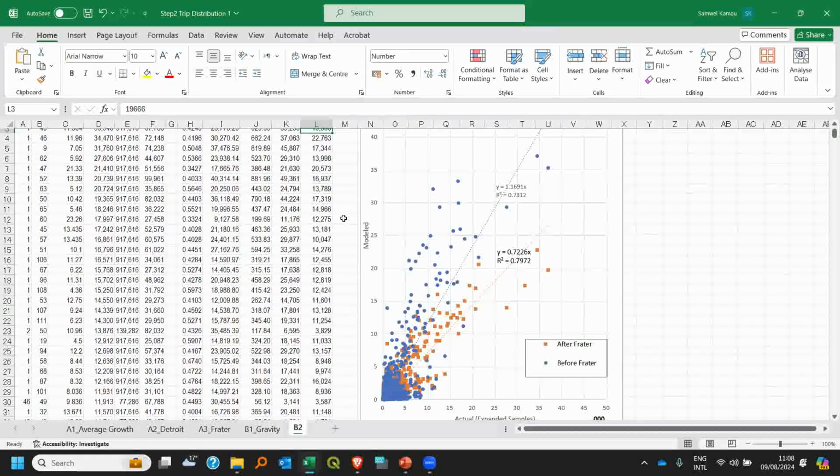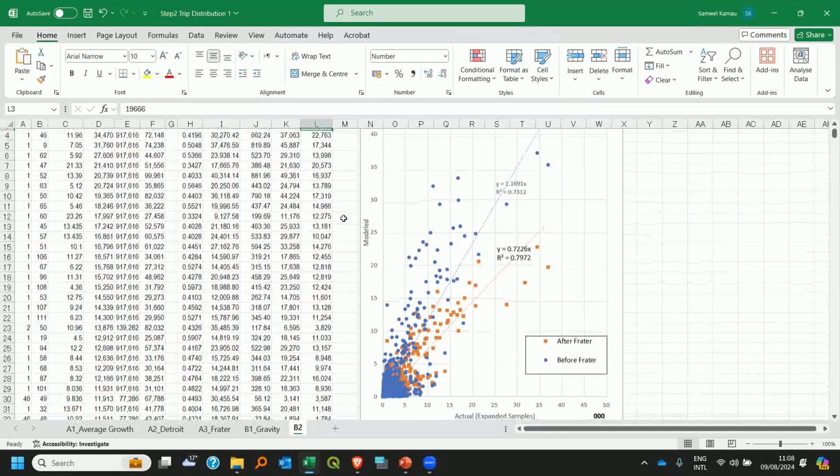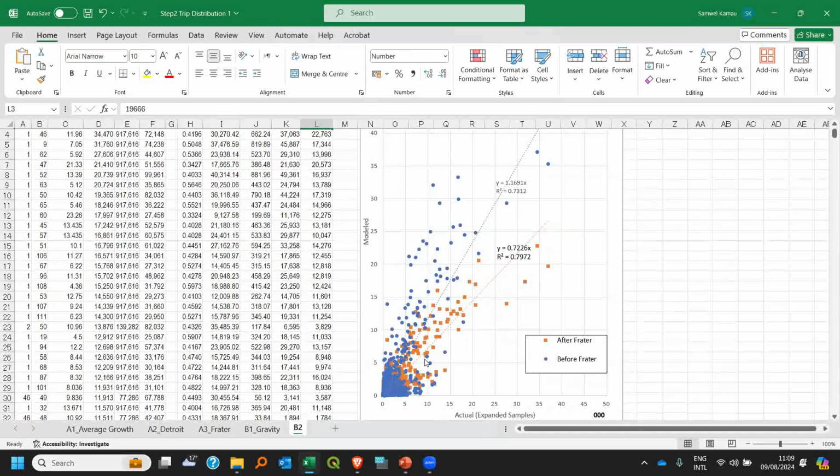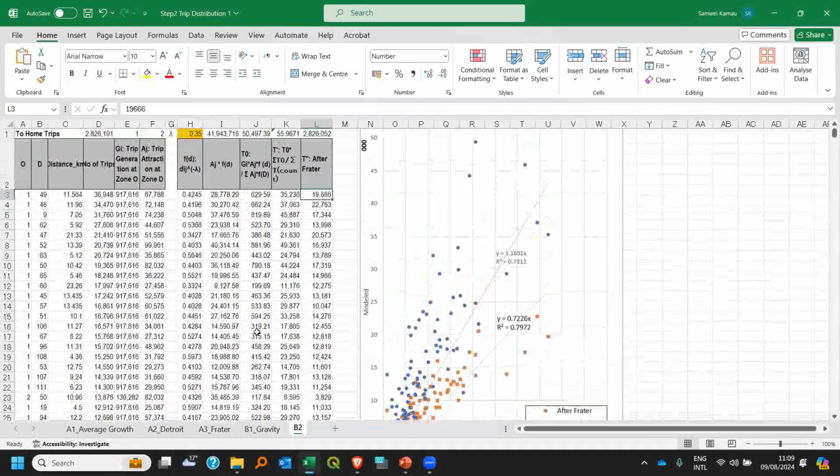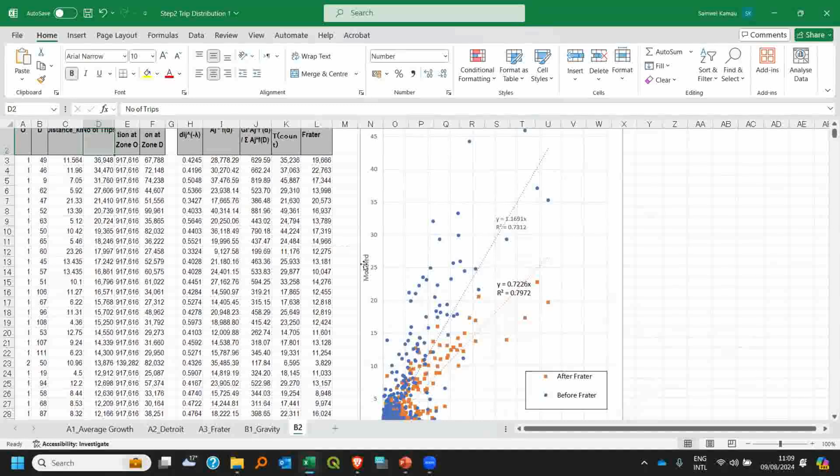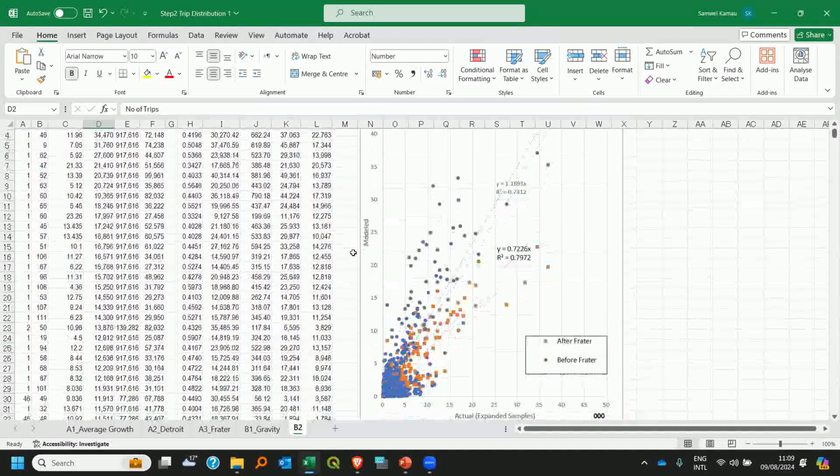As a result, this table shows X as the actual traffic, the number of trips by zone between origins and destinations, and Y as the modeled trips.